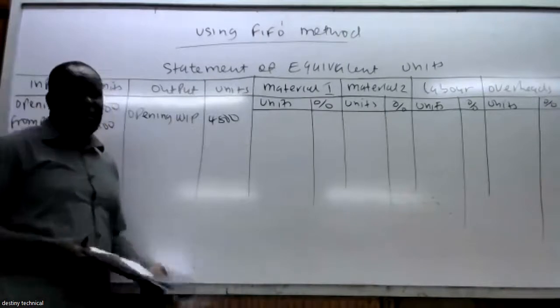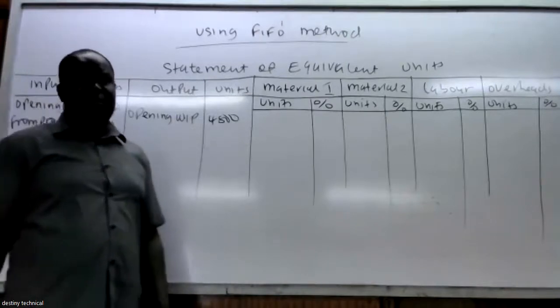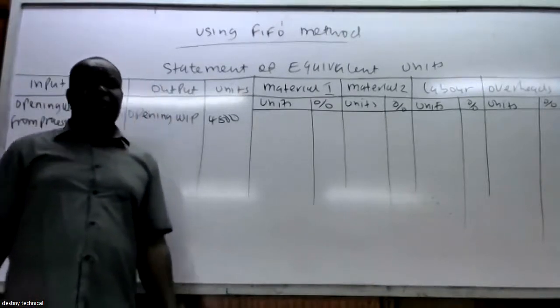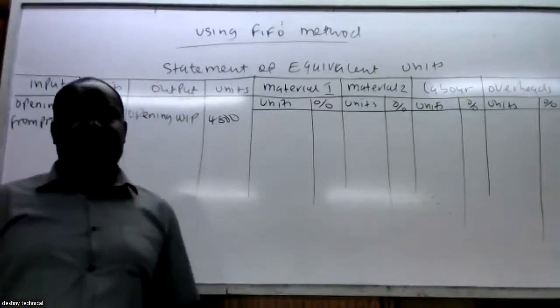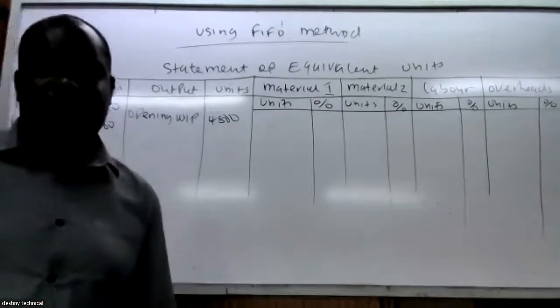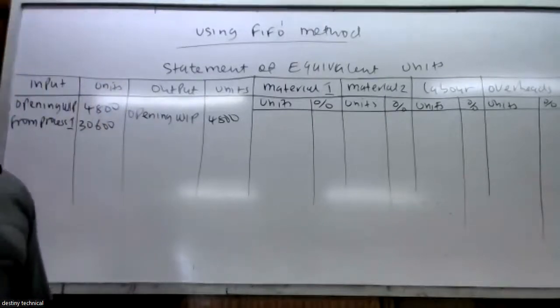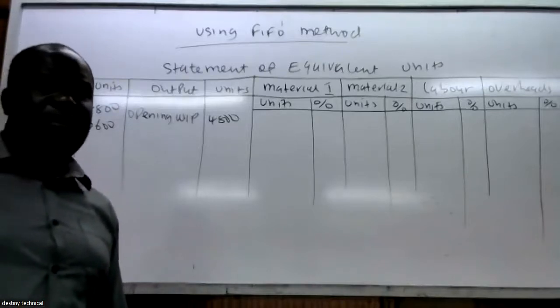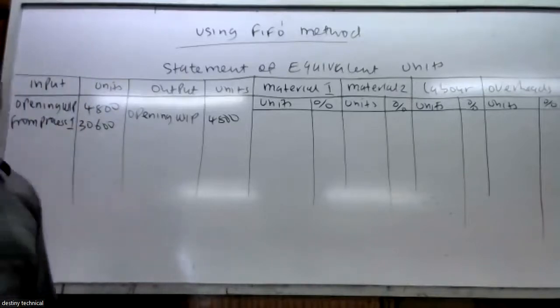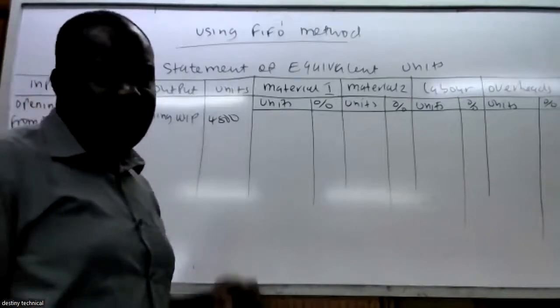But we have said that the question has 2 types of materials. There is material 1, the one that was transferred in from the previous process, and what has been added in the current process. So material 1 is what was brought in from the previous process.